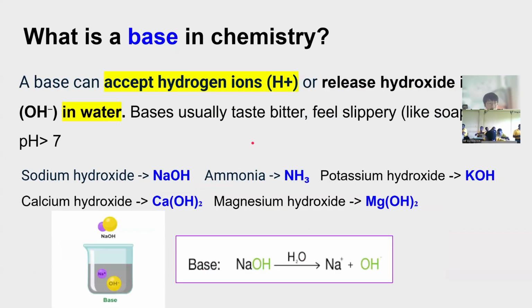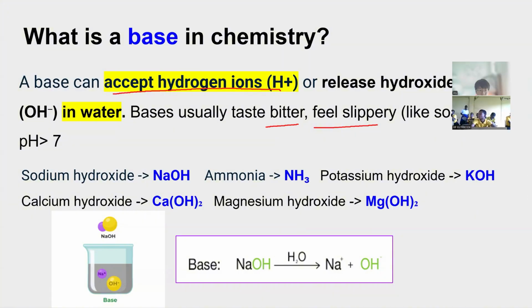And bases, on the other hand, can accept hydrogen ions or release hydroxide ions in water. Bases usually taste bitter and feel slippery. We've learned these are properties of bases, pH greater than 7.